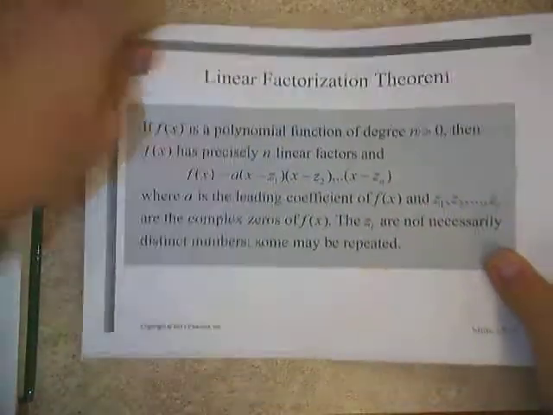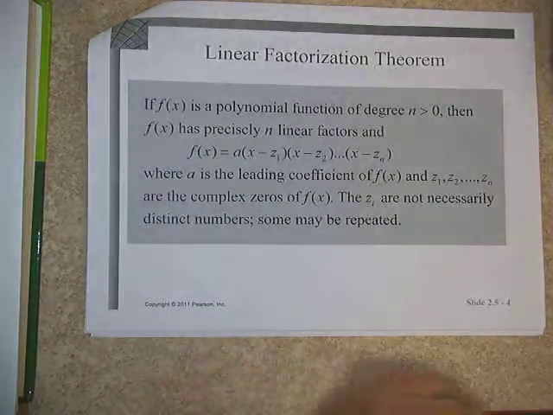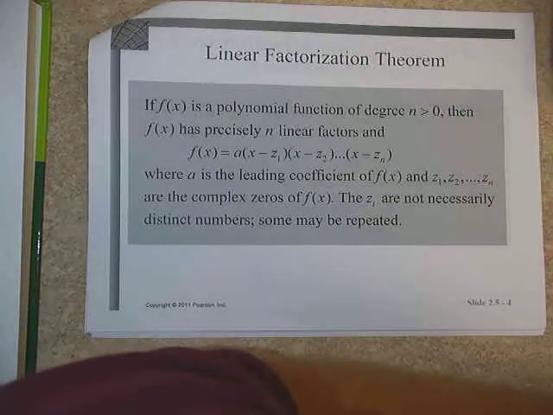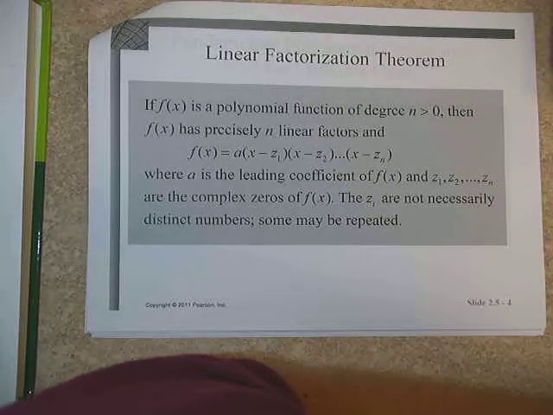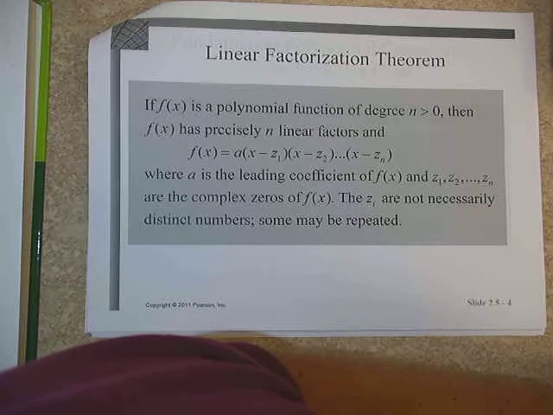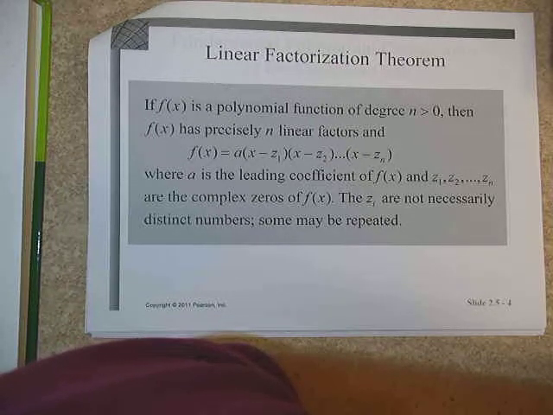Now, there's a couple of theorems that we're going to look at in this section besides that one, and then we'll get into some work. This one tells us that if we have a polynomial function of degree n greater than 0, in other words, if it's linear or quadratic or cubic, etc., then f of x has precisely n linear factors. It doesn't really matter what a is here. A could be the leading coefficient. It could be a 1.